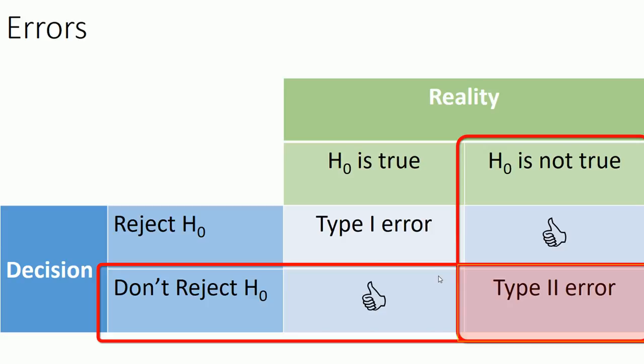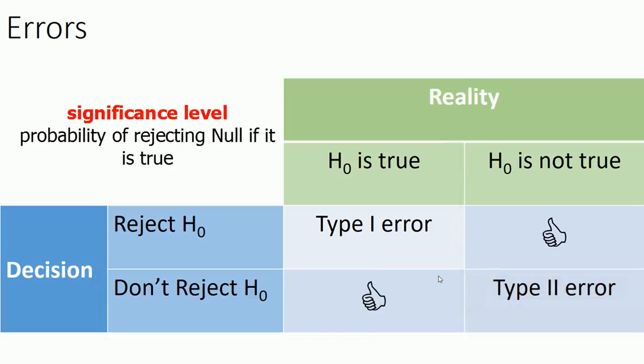And in statistics, we put a limit on the likelihood of making a type 1 error. We call that our significance level. We usually use a significance level of 5%, 0.05, which means if the null hypothesis is true, there is no more than a 5% chance that we reject it by accident.